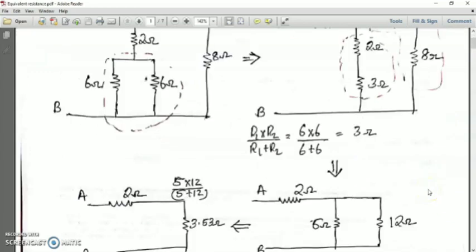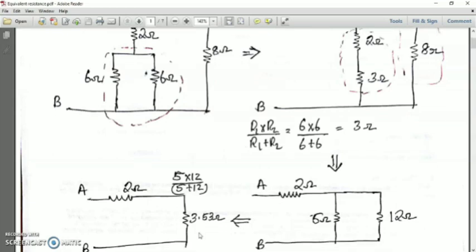Okay, so if you just move down, we can see the circuit. The 2 ohm which was earlier present in the circuit, again 5 ohm and 12 ohm. Now 5 and 12 are in parallel and can be converted into a single resistance, that is 5 into 12 by 5 plus 12, and we are getting the value of that as 3.53.